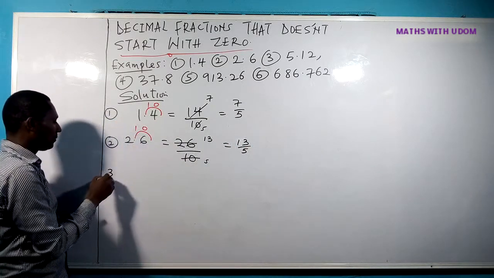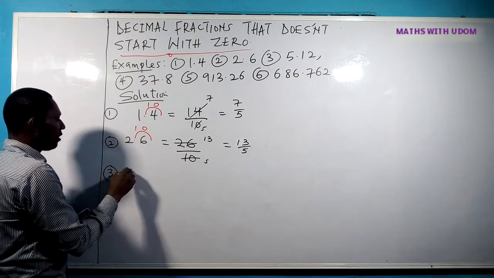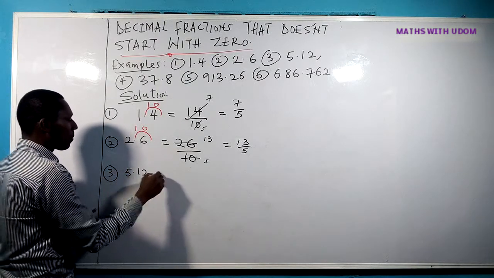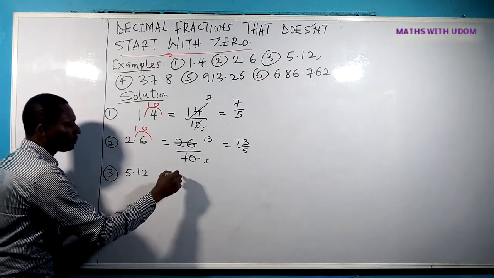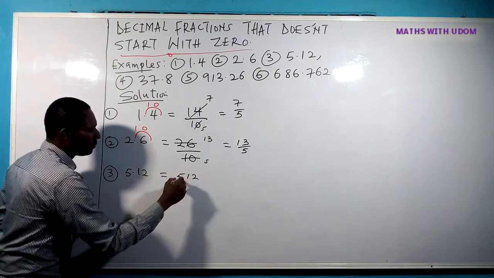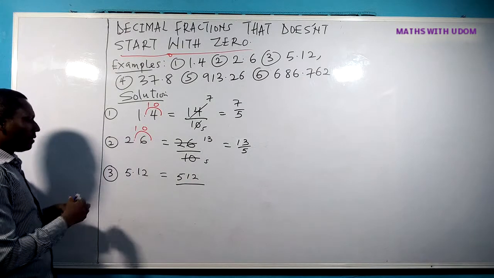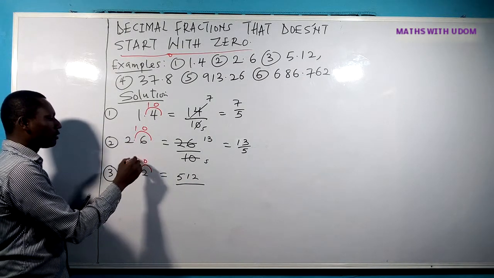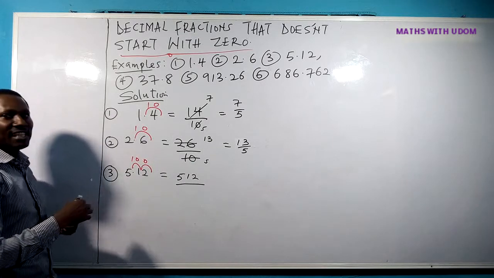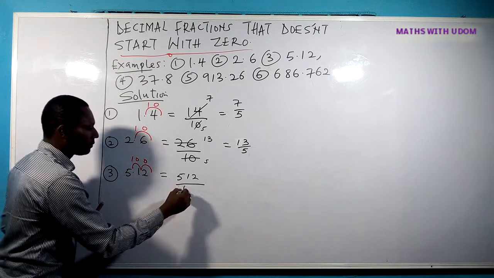Number 3, we have 5.12. 5.12 can be written as 512 divided by what? Let's go again. From the front of 2, let's go 1, 2. You have 2 zeros. So we are dividing that number by 100.